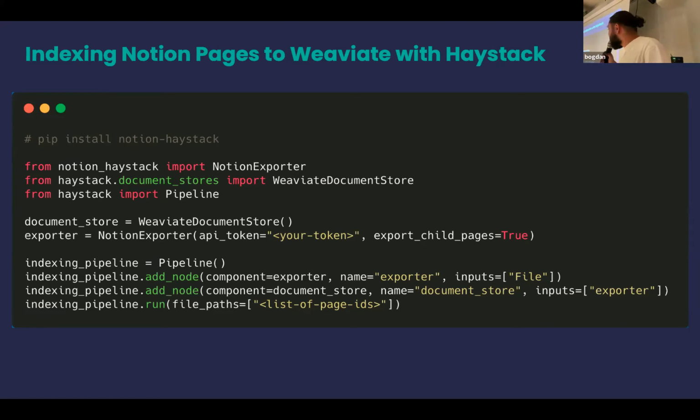The indexing pipeline is then just as easy as adding our exporter, the Notion exporter. Here we specify also that we want to export all the child pages, so we really recursively go through the whole Notion workspace. And this exporter is then connected to our document store so that all the pages end up in our Weaviate database.